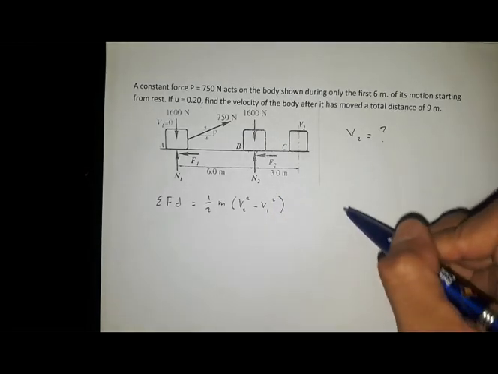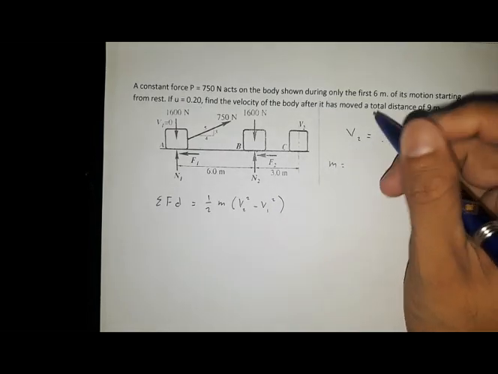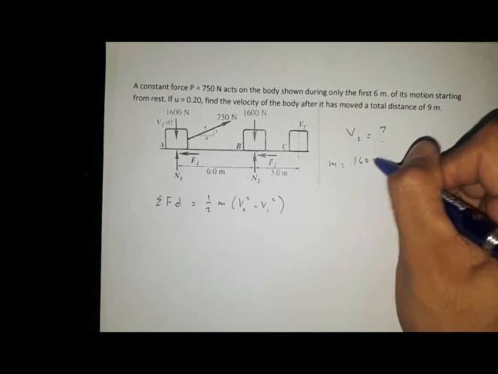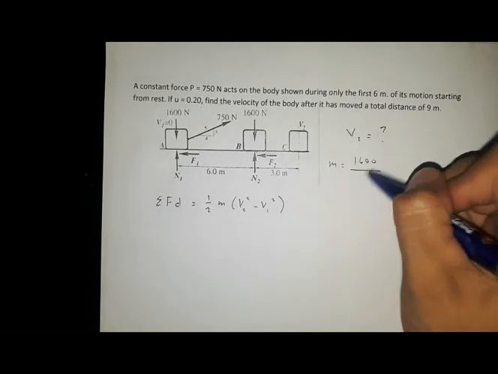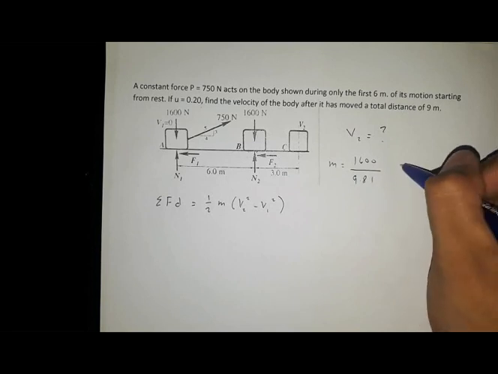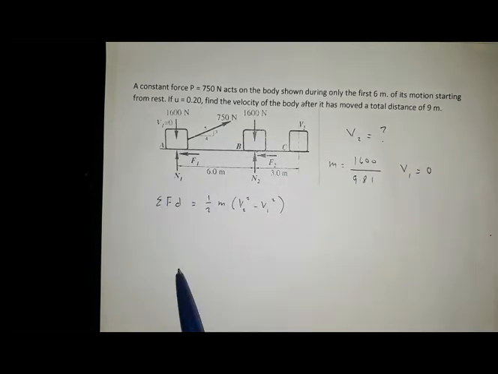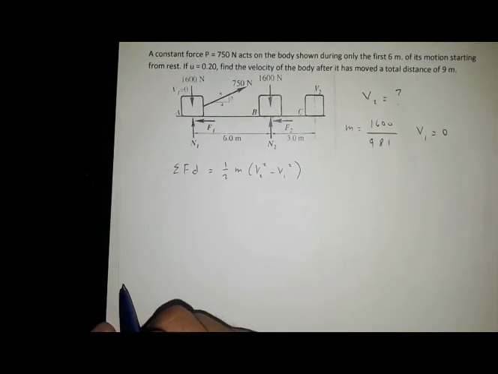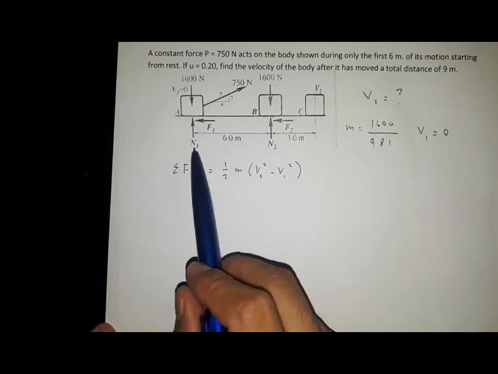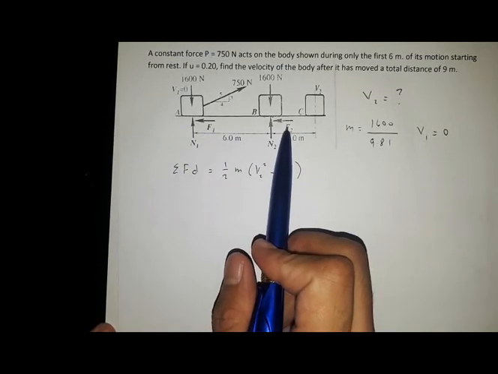So your mass here is weight over gravity. Your initial velocity is 0 because it starts from rest. So now let us solve for N1 and N2, F1 and F2.